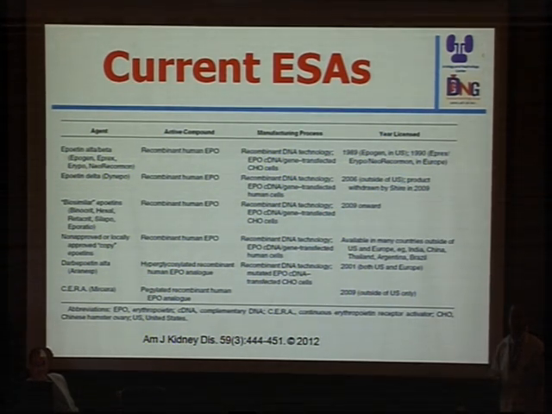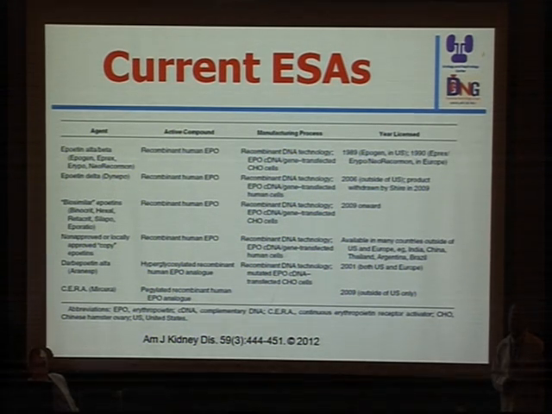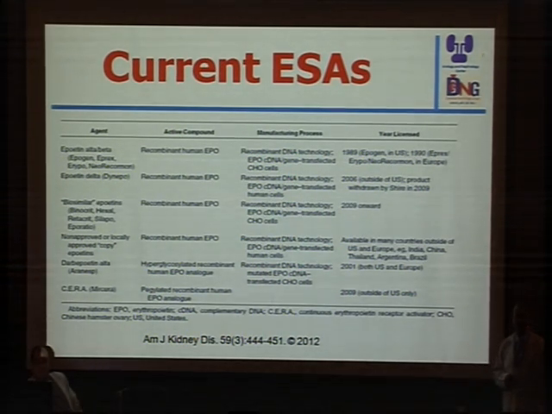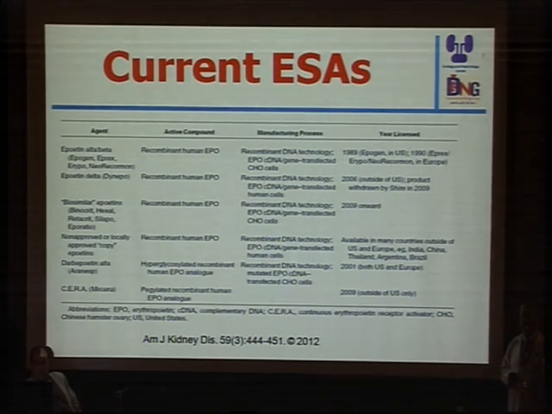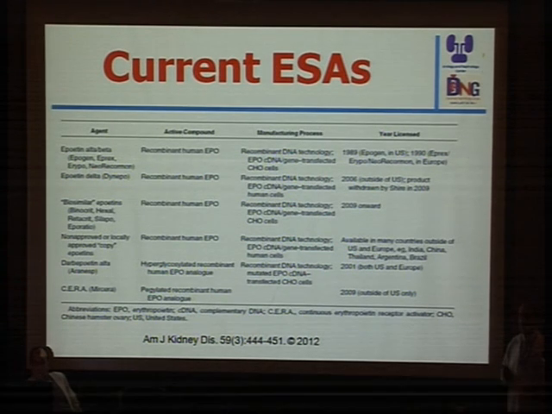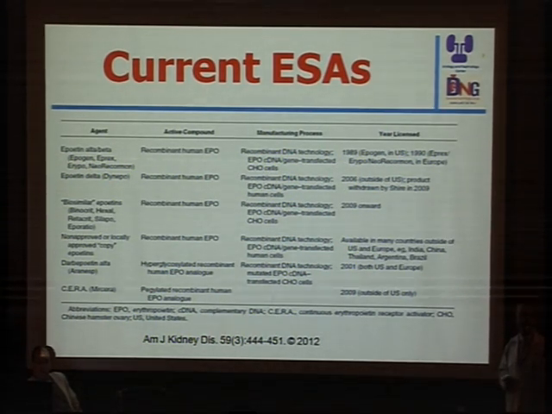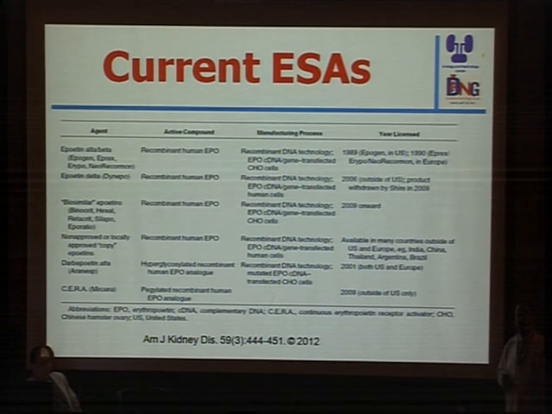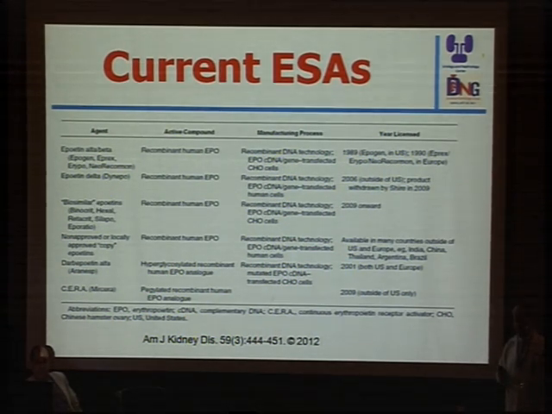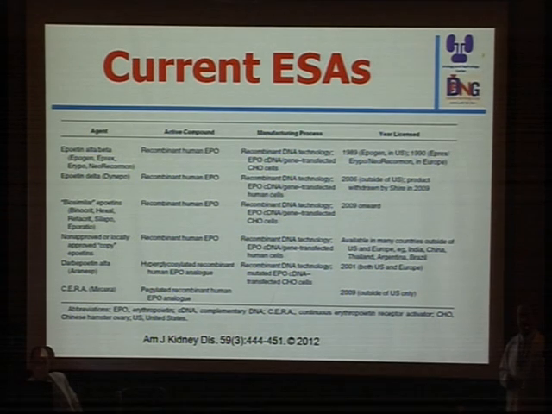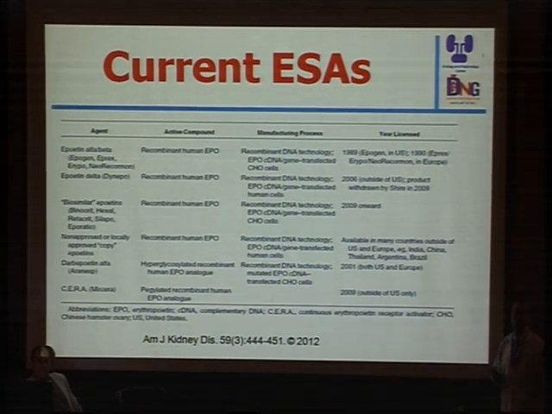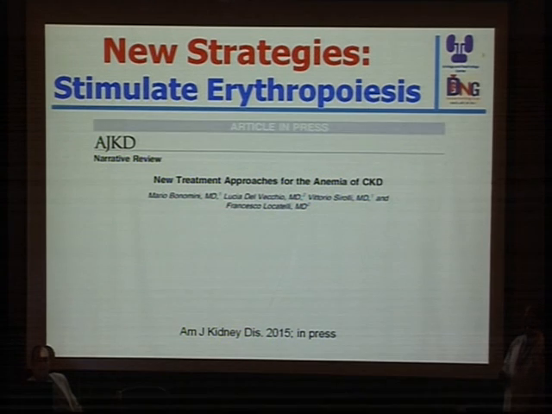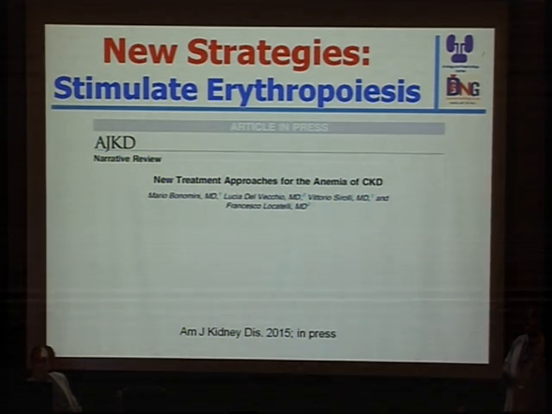These are the short-acting ESA therapy. Intermediate-acting therapy is from Amgen, darbepoetin. And then the last is the continuous erythropoietin receptor activator, which is produced by Roche. So these are the 4 original ESA therapies that are available everywhere. And then we have biosimilars and others, and I'm not going to discuss these with you.